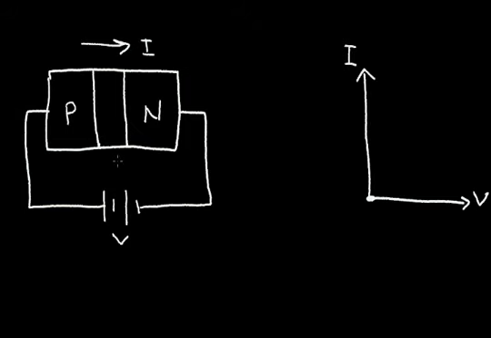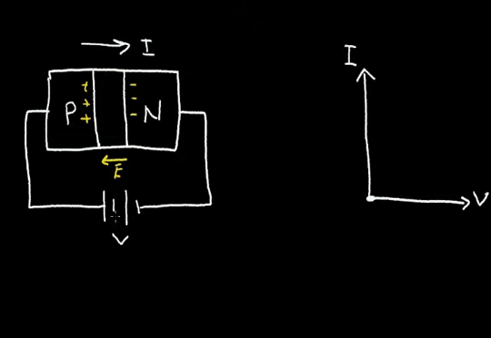Now, as I increase this voltage, recall that we have a built-in E field in this depletion region. And as I increase the battery voltage, I'm making this P region more positive relative to the N region. So in effect, I'm canceling out this E field that's built into the depletion region.